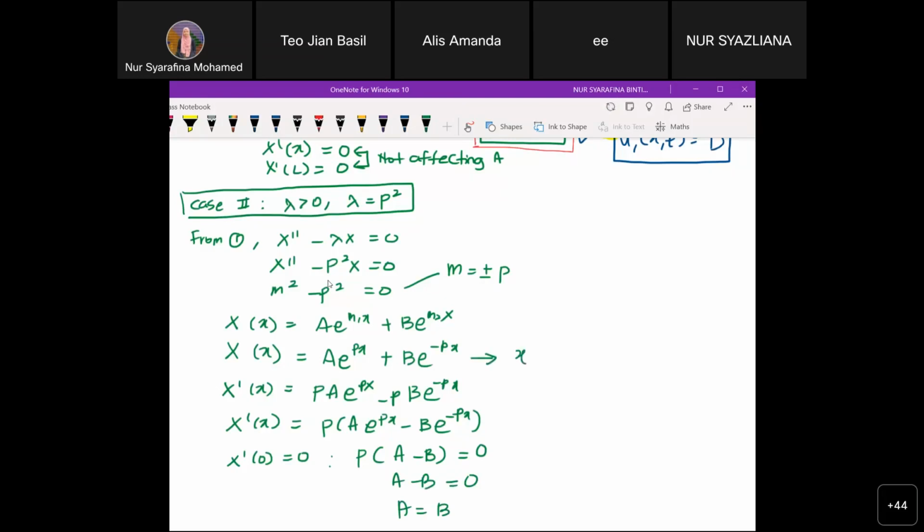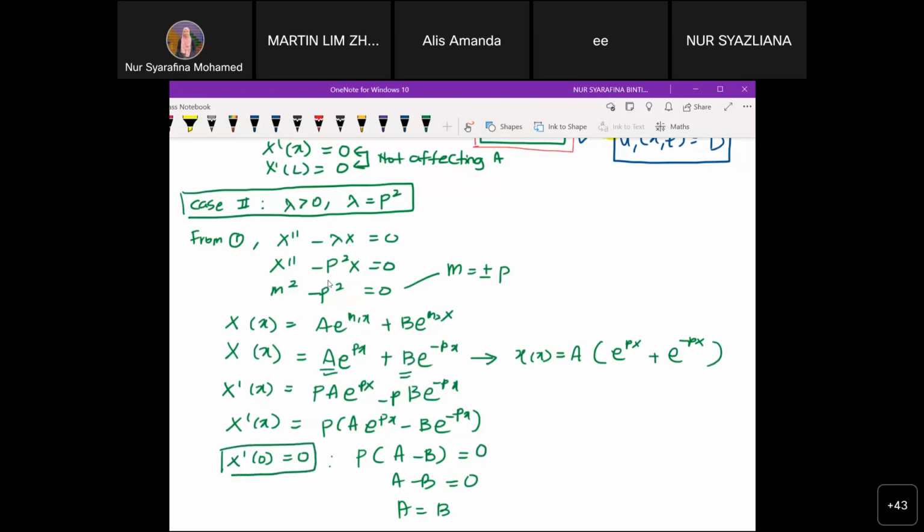Now our x equals to A(e^(px) plus e^(-px)). Just substitute B equals to A and then factorize. So we have x equals to A(e^(px) plus e^(-px)) once we apply the first condition.